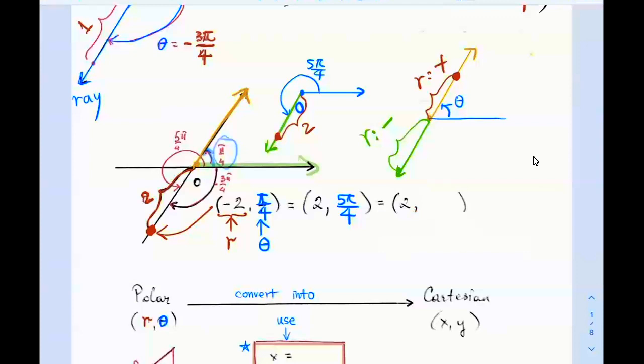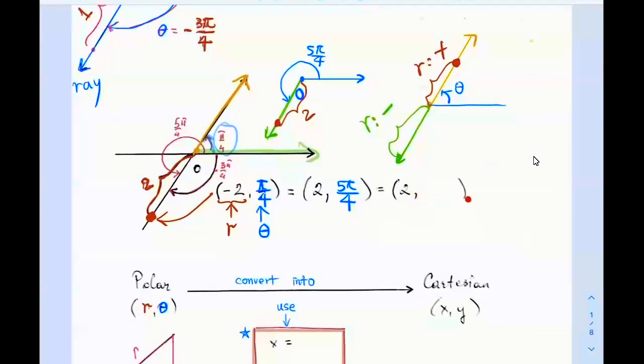Can you also think about another representation of the same point here? Instead of 5 pi over 4, if you measure the angle this way, going clockwise over here, what angle would that be? Negative 3 pi over 4, right?